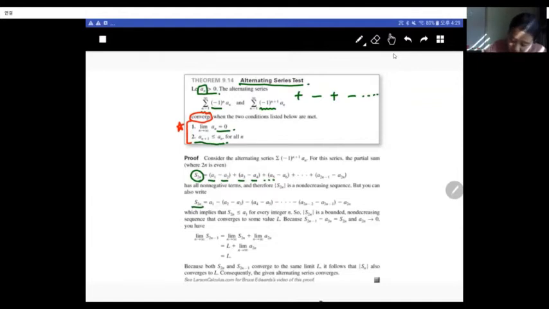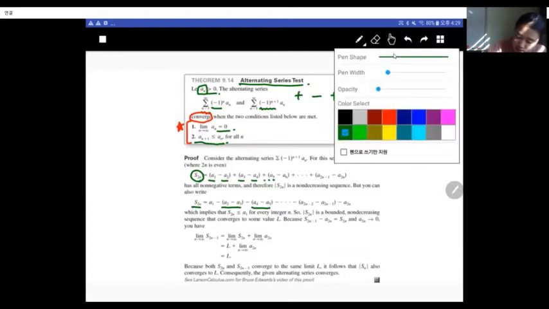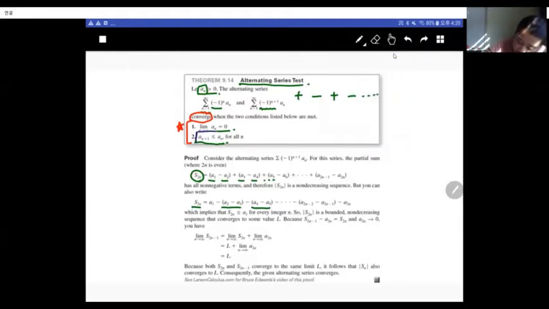I can rewrite this as S_2n: a1 minus a2 minus a3, a4 minus a5. One thing that we know is that a_(n+1) is less than or equal to a_n. So a3 is always less than or equal to a2, and a5 is less than or equal to a4.